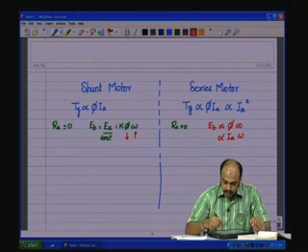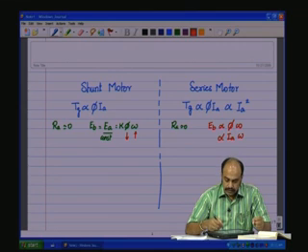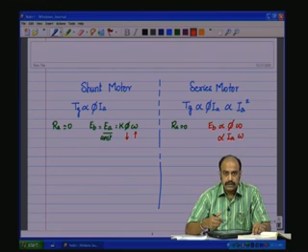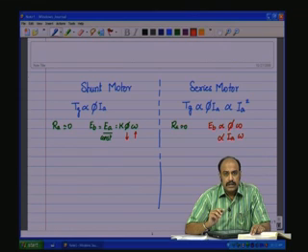Even in the series motor, at omega close to 0 speed, there is no back EMF, the Ia will be very large, and that large Ia is also going to result in a large field, because the field current is the same as the Ia. As a consequence, the speed will quickly pick up and try to run away.